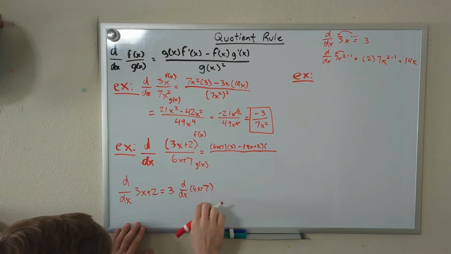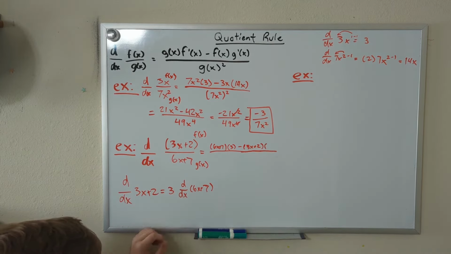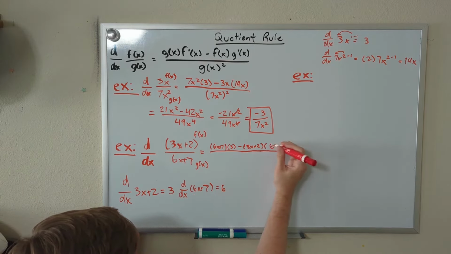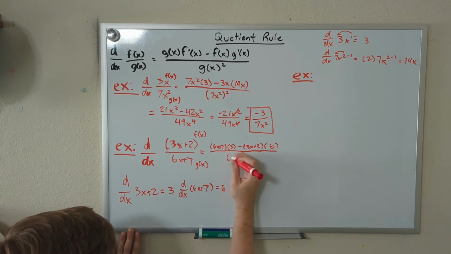So the derivative of a constant is still 0, and just like in this example and that example, the derivative of 6x is just 6. If you have a function that's just a variable with one coefficient attached to it and no powers, the derivative of that function will always just be whatever the coefficient is. So this is just 6. And then on the bottom, we just plug in g of x squared, which would be 6x plus 7 squared.